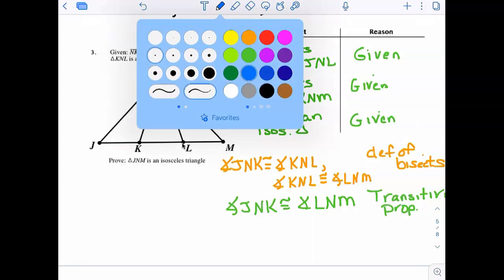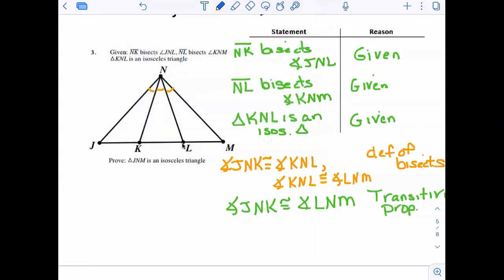So that gives us a little bit more information. We know now that NK is congruent to NL if that is indeed an isosceles triangle. So therefore we know segment NK would be congruent to segment NL, and that's just by definition of an isosceles triangle.